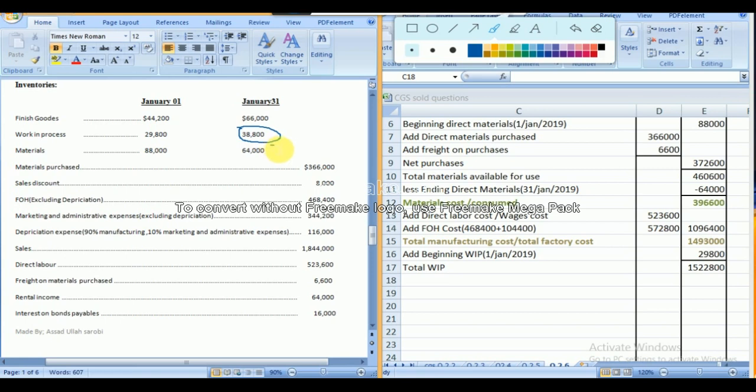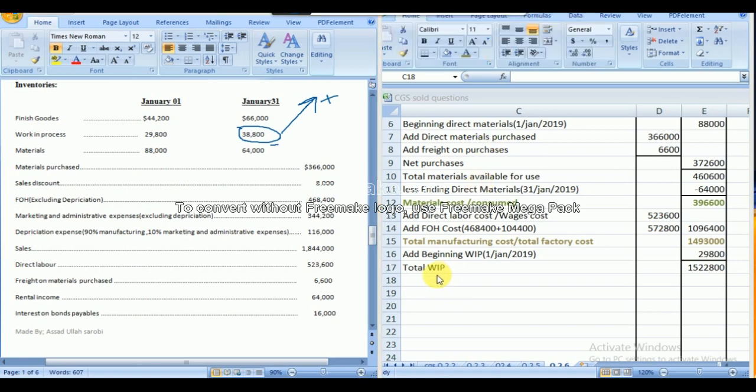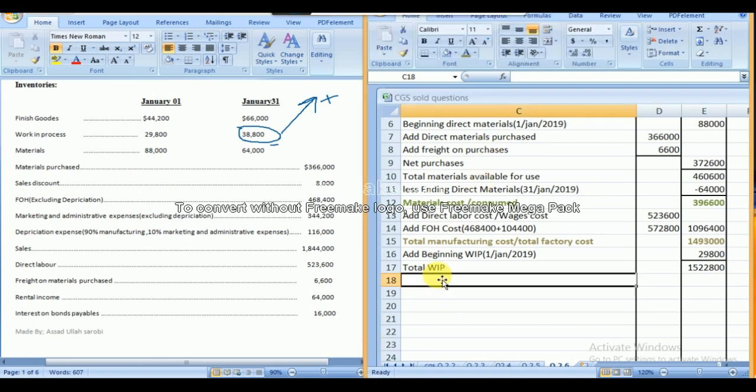So from January we will subtract it, and when we transfer it to February, the next month, over there we will add it. So now this is the ending of January. The ending inventory of the current month will be subtracted, and that ending becomes the beginning of the next month. So what should I do now? I will subtract the ending work in process.